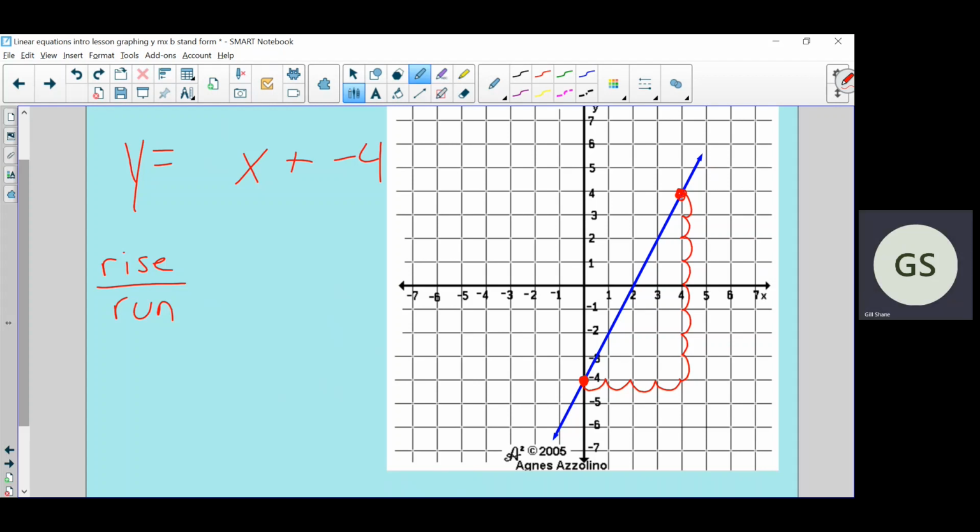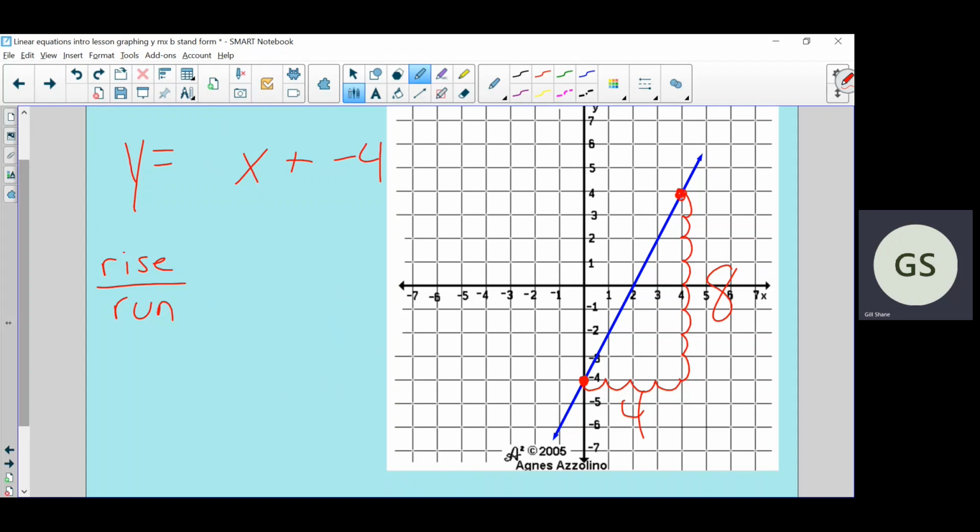That's a hop. Count how many hops you got. 1, 2, 3, 4. 1, 2, 3, 4, 5, 6, 7, 8. Counting, for some reason, becomes an issue in this lesson. But if you do those hops and then count how many hops, you should be good. So now I have a rise and a run number.